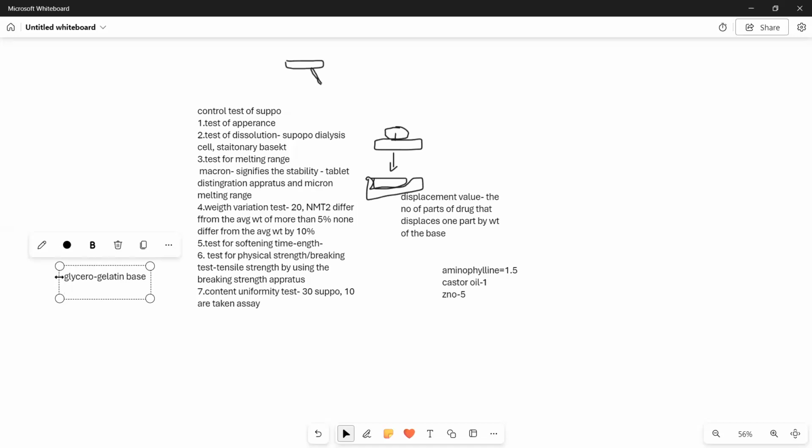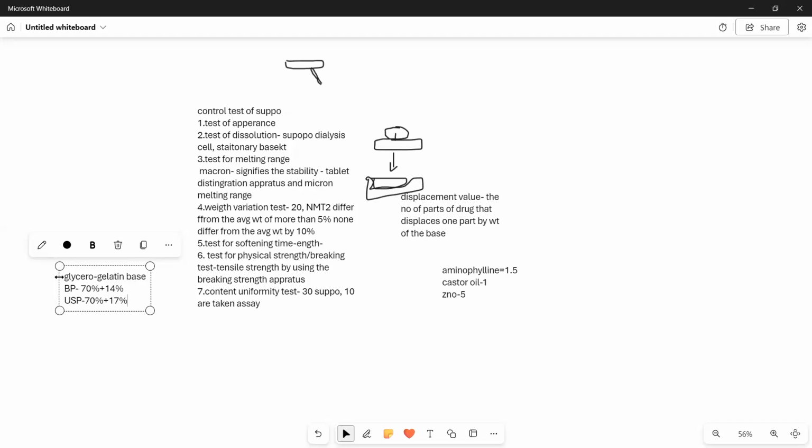Here we have to remember the main ones. According to the British Pharmacopoeia, BP, the glycerol is 70 percent while the gelatin is 14 percent. While coming to the USP, the glycerol is 70 percent and the gelatin content is 17 percent.